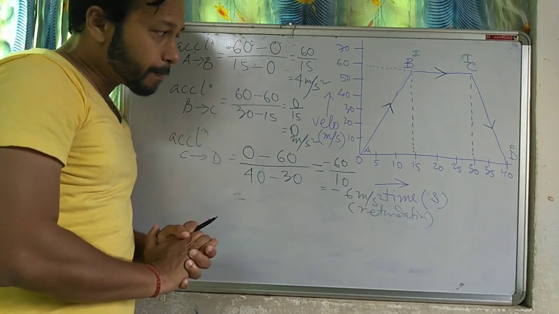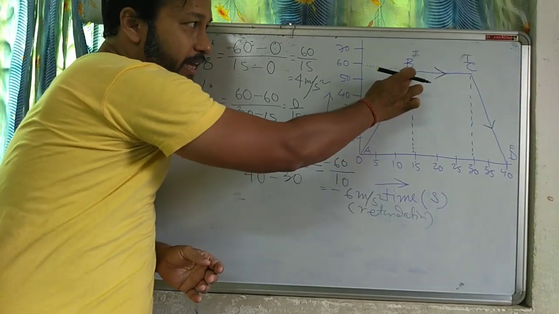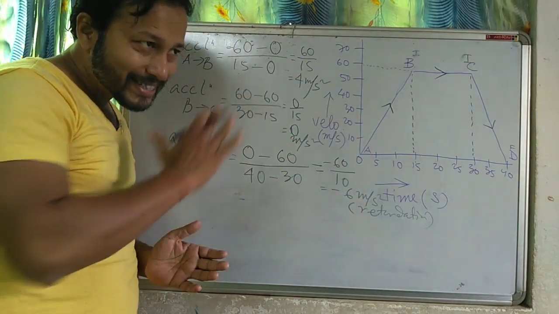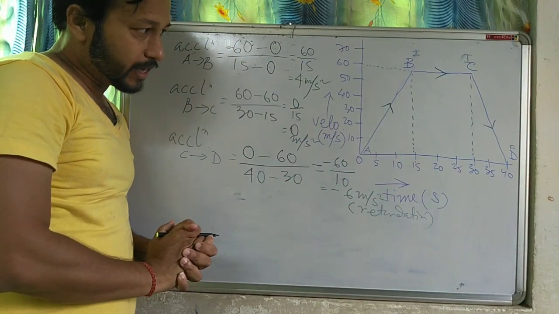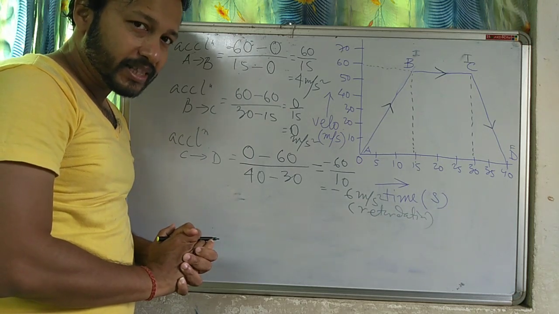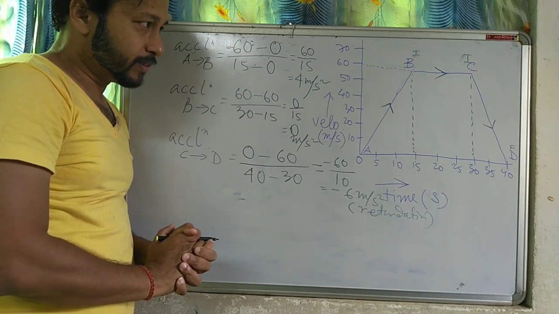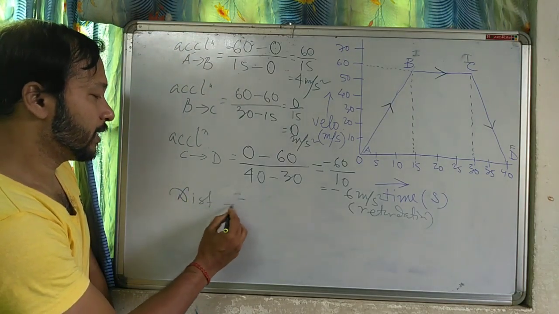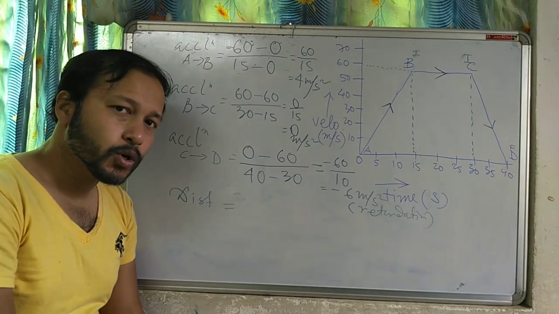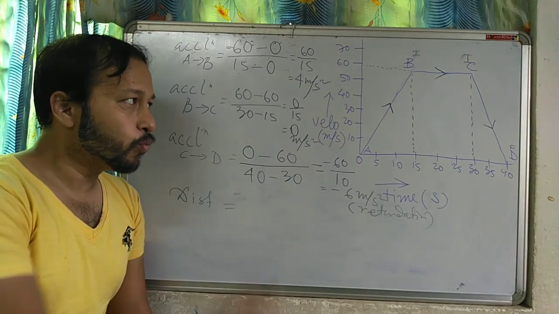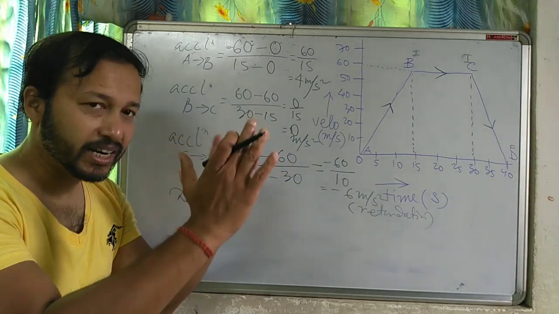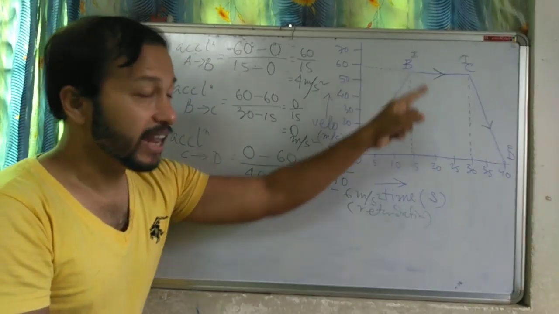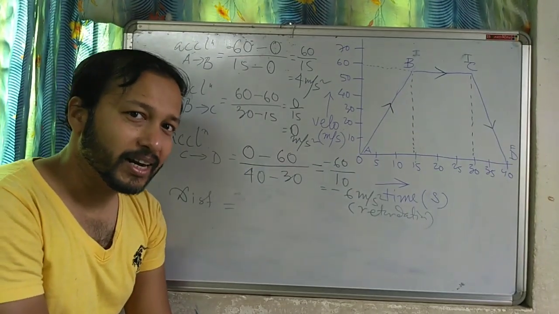Now the next question is, from A to B, B to C and C to D, what is the total distance covered by the object? Yes, we will find the total distance covered by the object. To find the distance, we have to see what is the shape of this complete figure. If you see, this complete figure is a trapezium, correct?